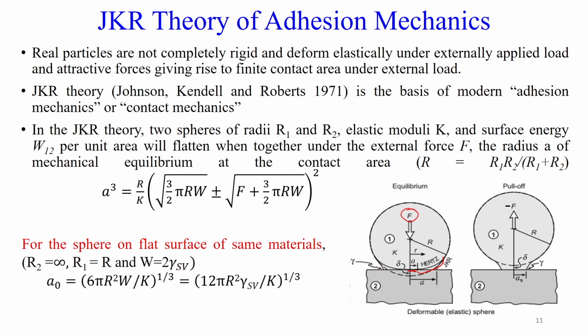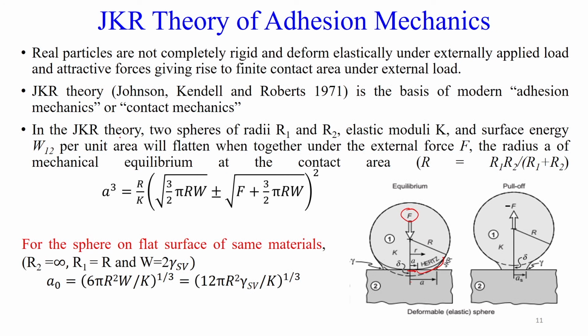JKR says it is completely deformed, so this will be the contact radius or contact length A, and in case of the Hertz model the contact will be very much smaller. It says only partly it is touching the surface, mostly it is not adhering.